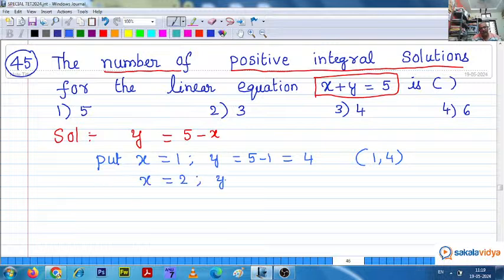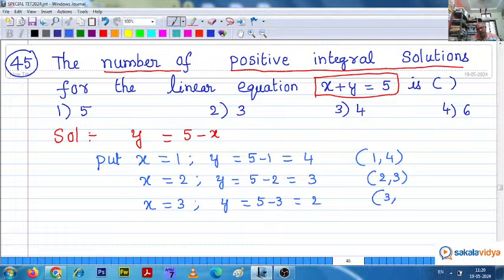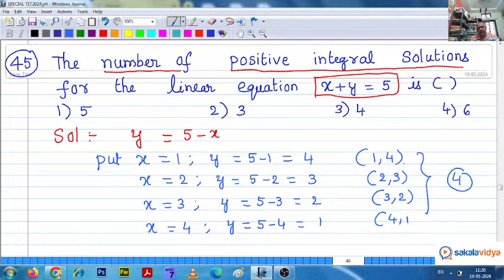Put x is equal to 2: y is equal to 5 minus 2 is 3, so (2, 3) is another solution. Put x is equal to 3: y is 2, so (3, 2). Next put x is equal to 4: y is 1, so (4, 1). So the number of solutions is equal to 4 here. So our answer is 4. The third option is the right option.